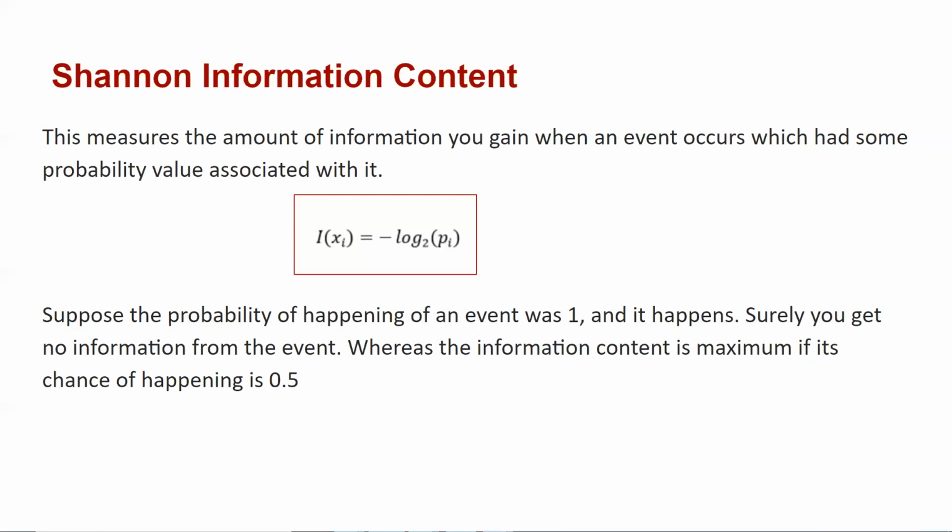For example, if I had said something like the probability that this stock X is going to hit a new high, then this would have been a very important statement. This sentence carries a lot of information because there is a lot of uncertainty involved in it. So information is inversely proportional to the probability of occurrence of an event.